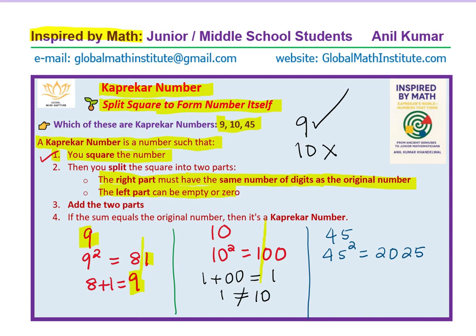We are going to split this number into two parts. Right side, two digits, as 45 has two digits. So 25 is the right side. And you add 20 plus 25. What do you get? You get 45, the number itself. Do you see that? So 45 is indeed a Kaprekar number.